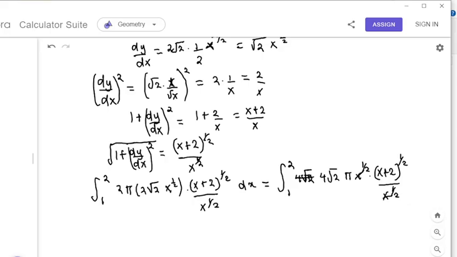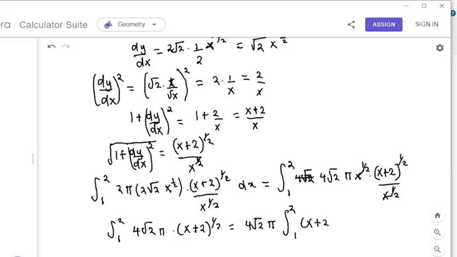You're left with the integral from 1 to 2 of 4 root 2 pi (x plus 2) raised to power a half. 4 root 2 pi is a constant, so we are left with the integral of (x plus 2) raised to power a half dx.